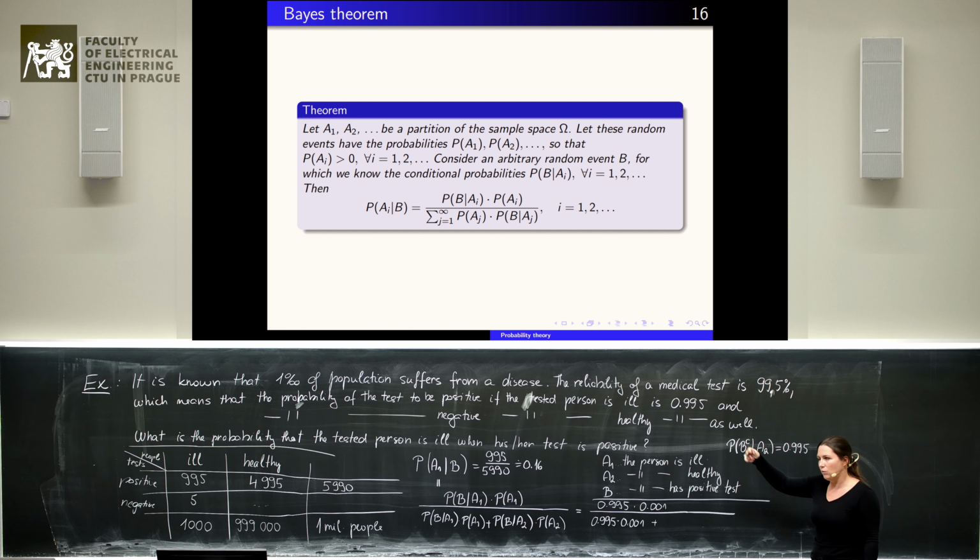And we know from the first theorem of this lecture that the behavior of the conditional probability is the same as the behavior of the unconditional probability. So we know that the probability of B conditionally on the same event can be calculated as 1 minus the probability of the complement. So it means that the probability of B conditionally on A2 is 0.005.